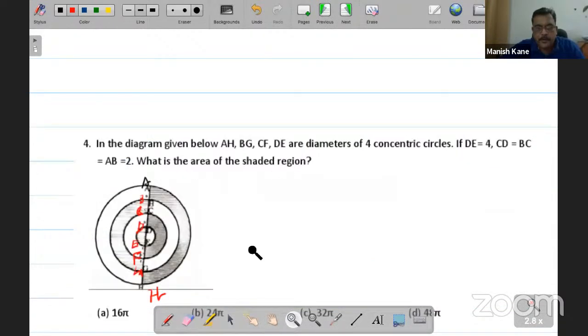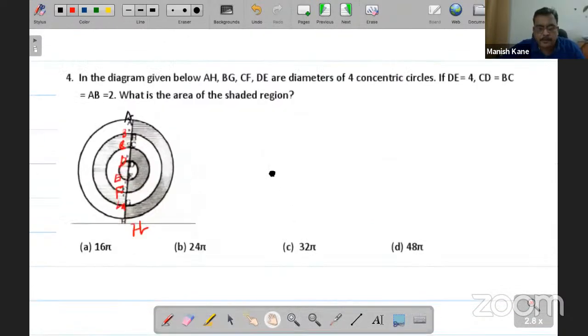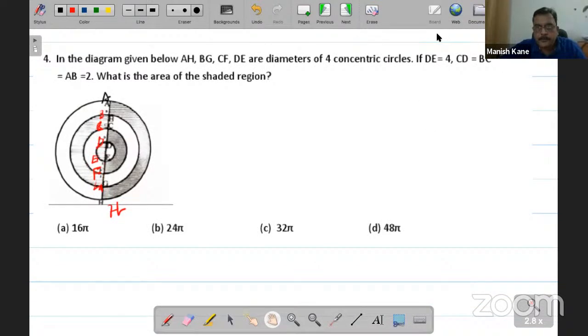Now, if you carefully look at this question, I hope it's visible to all of you. The first thing you need to see is what the diameter AH is equal to. See, you are given that DE is equal to 4 centimeters.